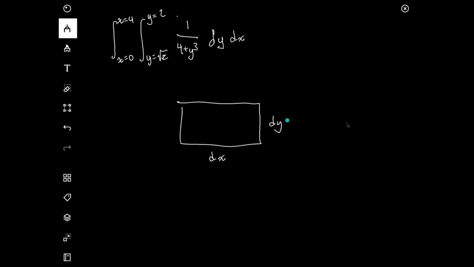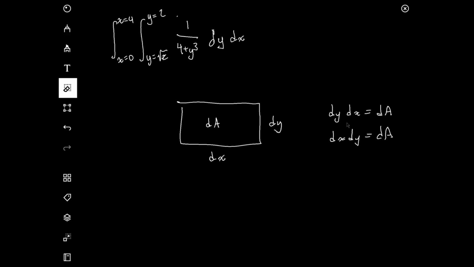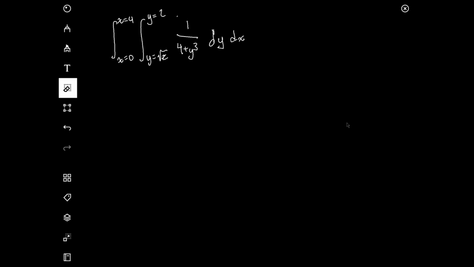No matter which way you multiply them together, you could say dy dx is equal to dA. And you could also say that dx dy is equal to dA. So why don't we just switch these two integrals around?